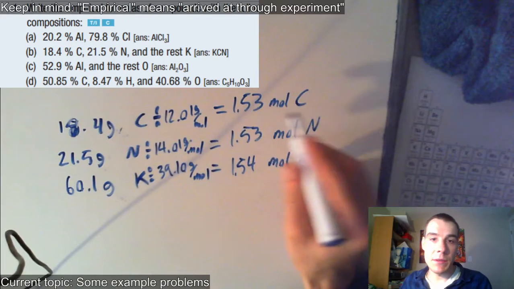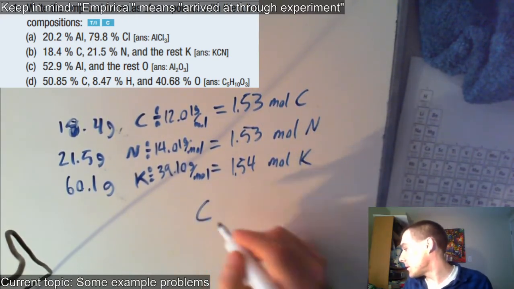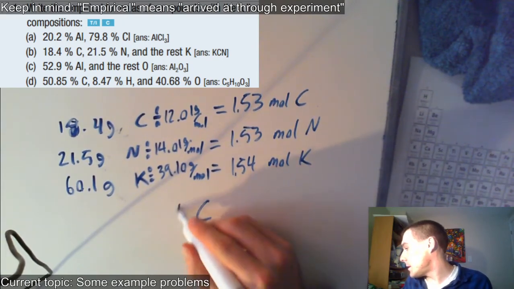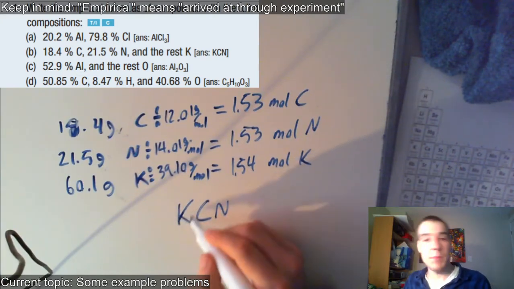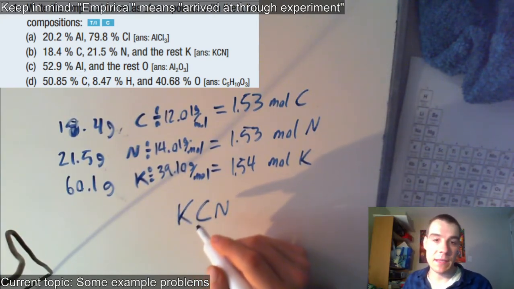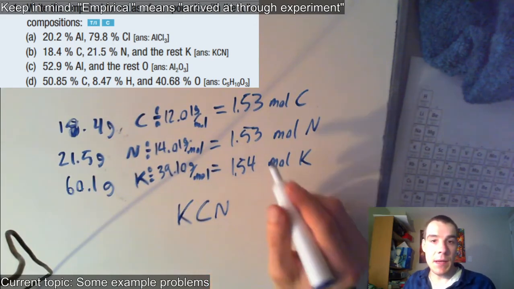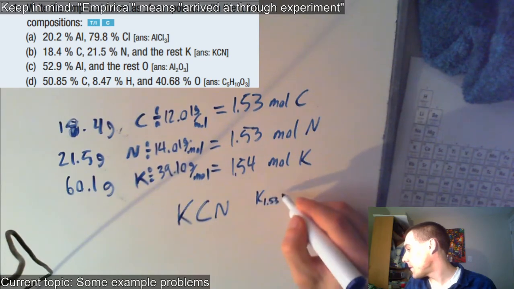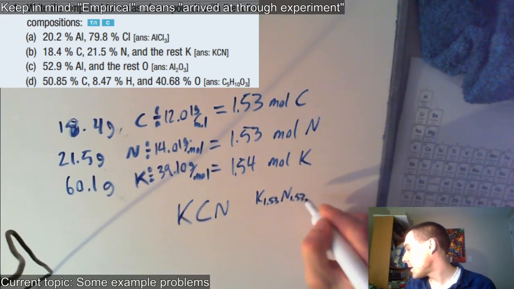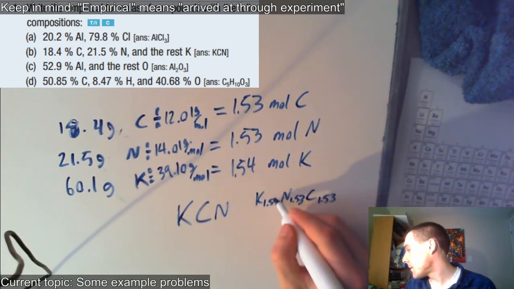I don't think we need to do the whole divide by 1.53 thing. We are just going to call it KCN. I wrote the K first because it's the most positive thing. This is potassium cyanide. CN is a polyatomic, so it kind of makes sense that it might be that. But yeah, 1 to 1 to 1, right? Really, my moles are telling me it's K 1.53, N 1.53, and C 1.53. I guess K is 1.54.